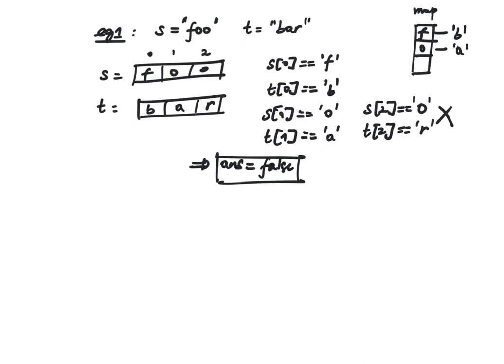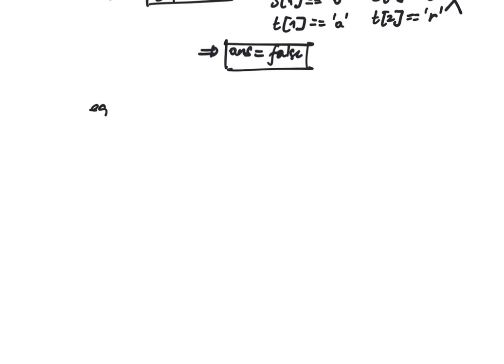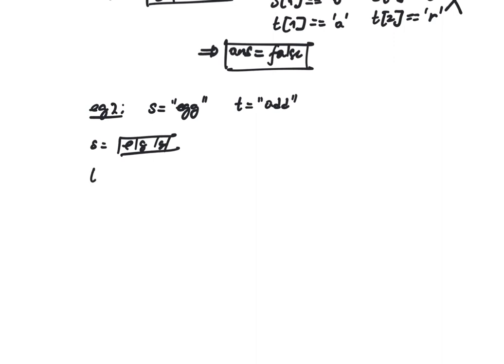Let's explore another example of the problem to understand more. So example 2: S is equal to EGG and T is equal to ADD.